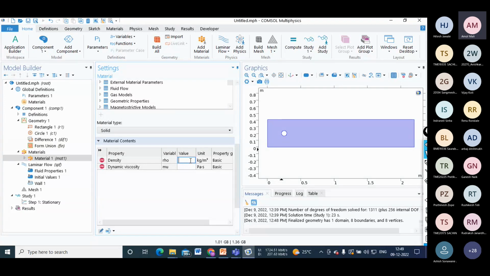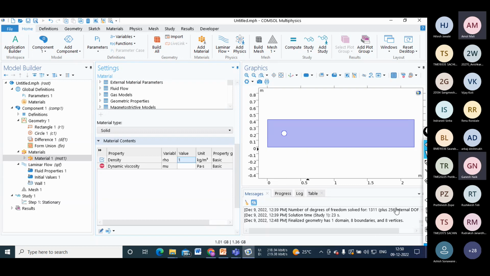So here I will consider air as the fluid. So how much is the density of air? How much is the density of air in kg per meter cube?